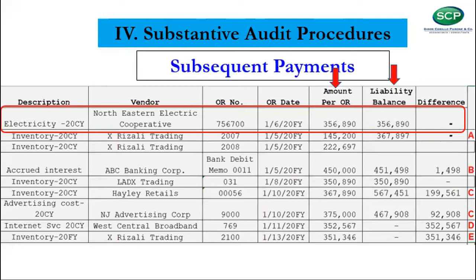So binayaran siya. So we can conclude that this particular accrued expense was a valid obligation as of December 31, 20 CY and was also recorded at the appropriate amount. So walang difference doon sa naka-accrue na liability to Northeastern Electric Cooperative and doon sa subsequent payment made.